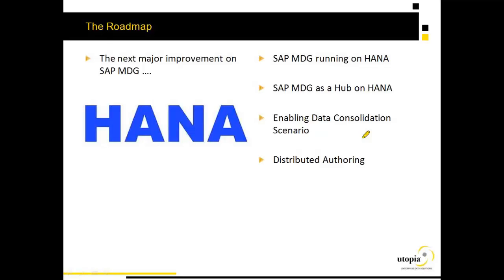But what it does most effectively is that it enacts this data consolidation scenario and distributed authoring. And so what this does is give you the ability to have that consolidation scenario running direct on HANA, ECC as a stack, right? The SAP suite running on HANA for central authoring, for consolidation, and distributed authoring.